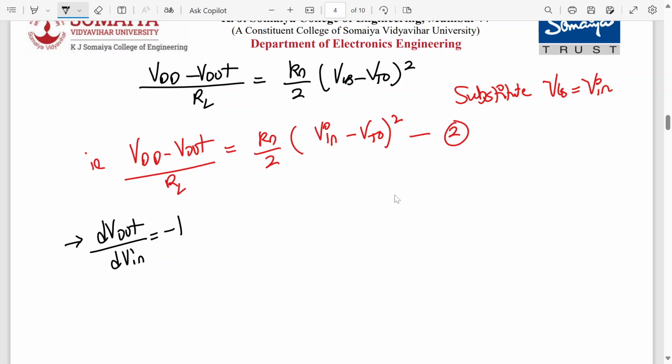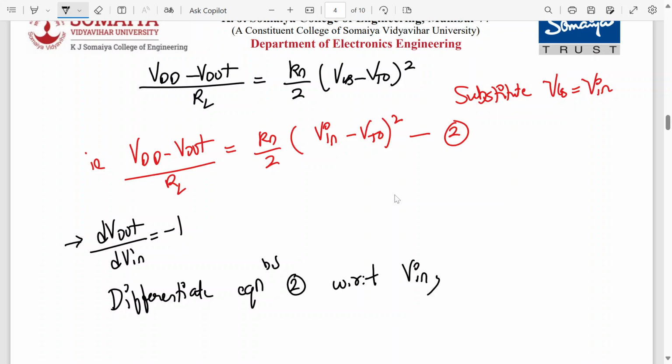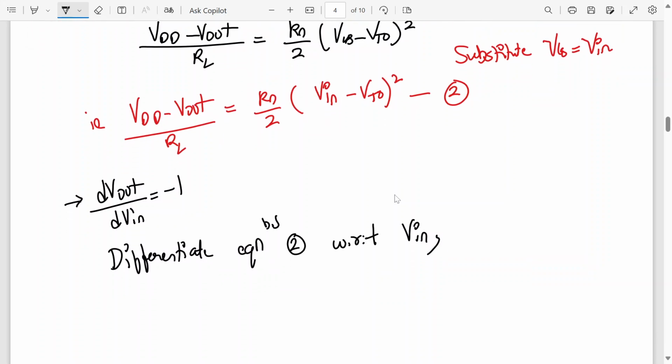What we do is we differentiate both sides of equation number 2 with respect to V in, because it is dV out by dV in. The first term, VDD upon RL, goes away.